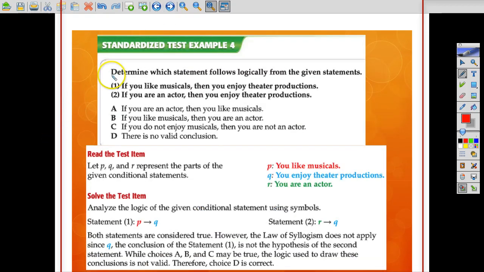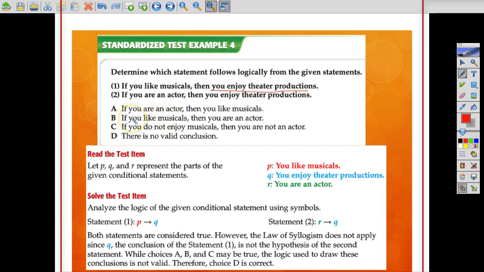All right, so here is a standardized test example. Determine which statement follows logically from the given statements. If you like musicals, then you enjoy theater productions. If you're an actor, then you enjoy theater productions. You see that right there? This should have been right here. Maybe it should have said if you enjoy theater productions, then you are an actor.